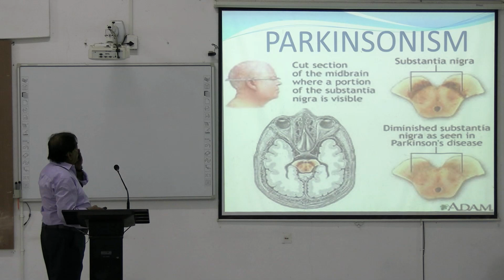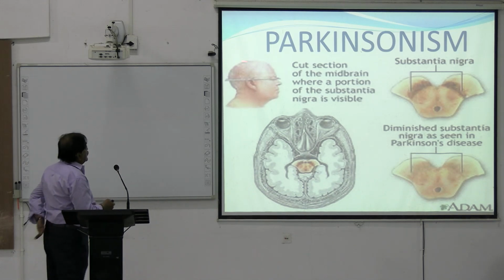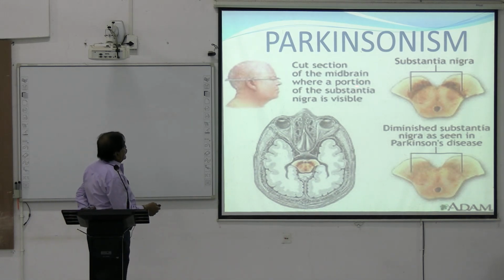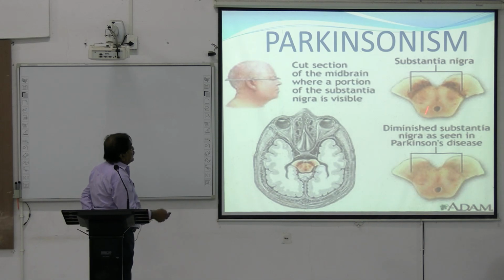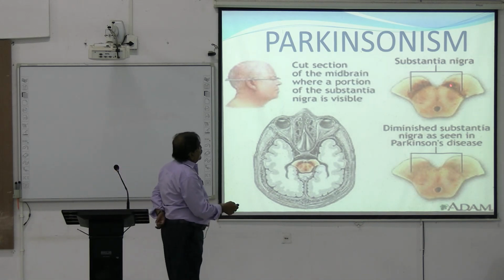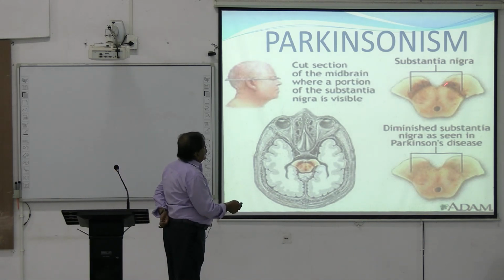Now, Parkinsonism, the cut section of the midbrain where a portion of the substantia nigra is visible. At this level, you see the substantia nigra. Diminished substantia nigra as seen in Parkinson's disease.